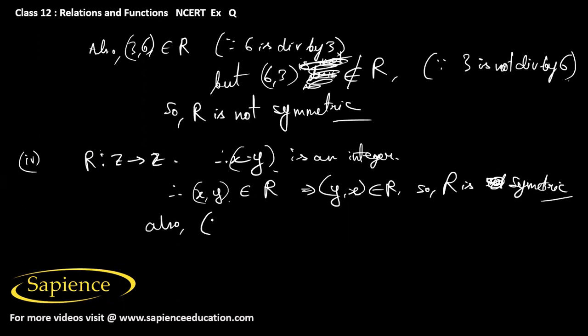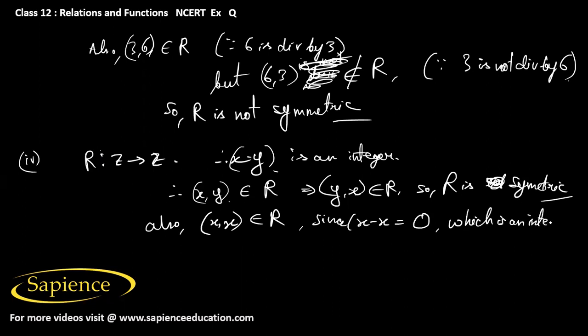Also, x comma x also belongs to the relation R, since x minus x equal to 0, which is an integer. So the relation R is reflexive.